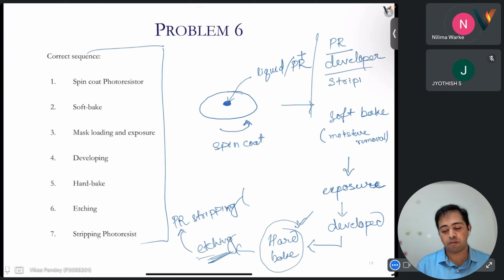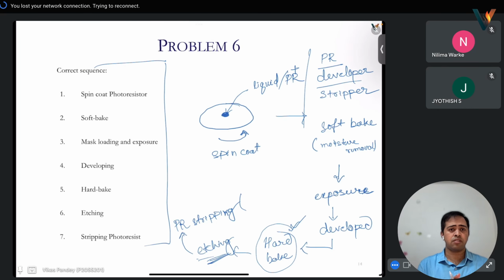You cannot say any developer will work for any PR. That is not so. So PR, developer and stripper are generally in combination, and in most cases you can skip the stripper if it is not a very specific kind, because in that case acetone works.